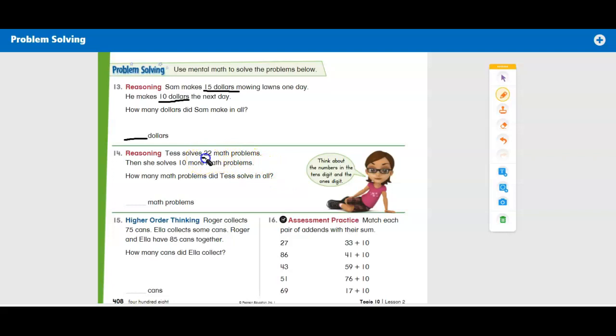If Tess solves 22 math problems, then 10 more, how many math problems did Tess solve in all? Write your answer in the blank for number 14.